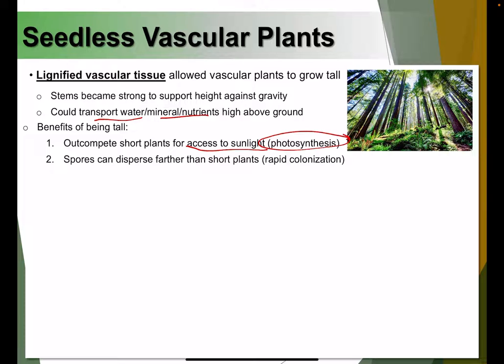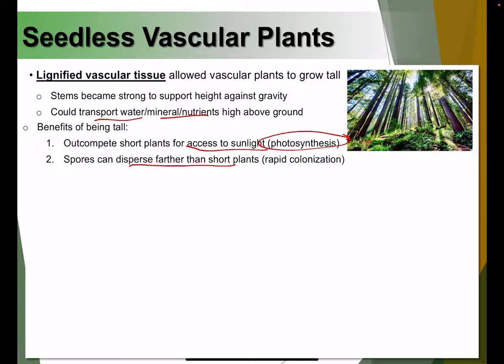Okay, so being tall actually reaches for as much sunlight as possible at the top. It's kind of like you're at the concert. If you're short, it's hard to see over the crowd, whereas a tall person can see very clearly above the crowd.